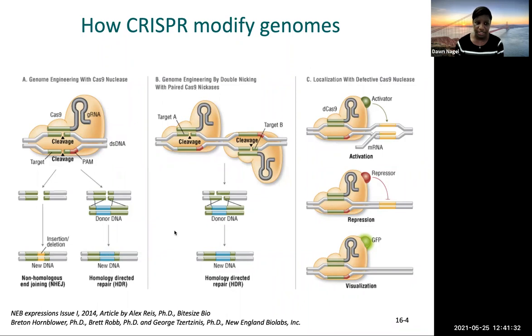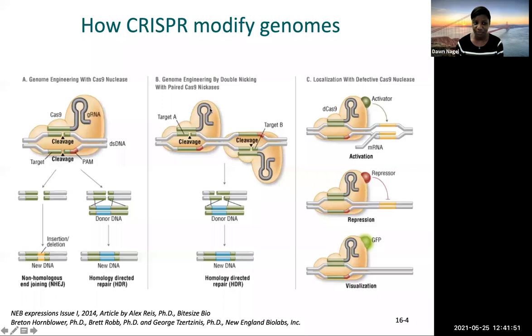There are other ways that you can use Cas9, and this is really the minimal set of modification ways. You can also use Cas9 to just cleave one strand.